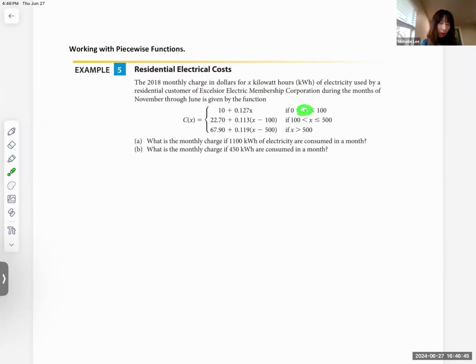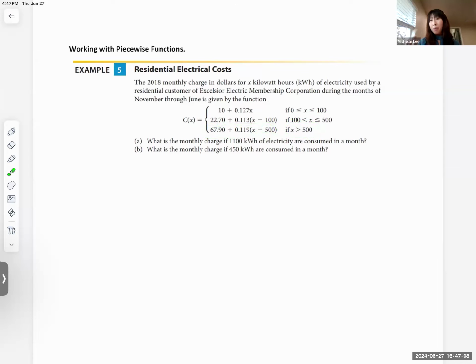If the customer uses between 0 and 100, they're using this piecewise function, and if the customer uses 100 to 500, then they're using this equation. If a customer uses more than 500, they're using this one.